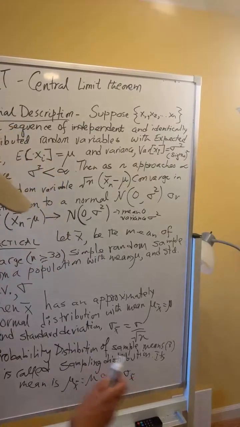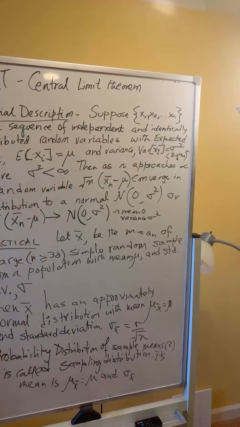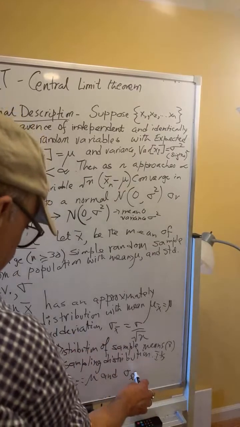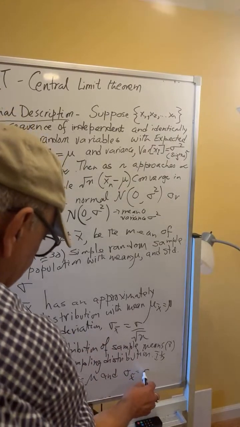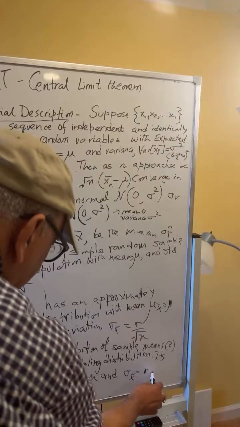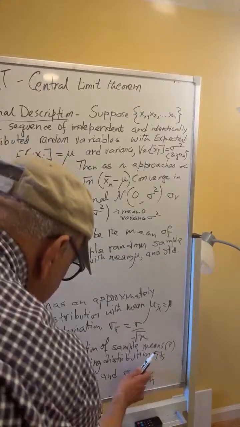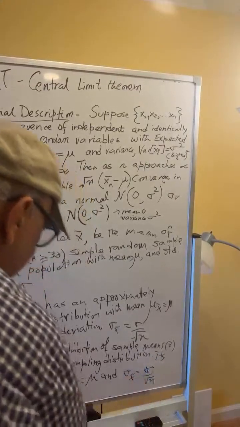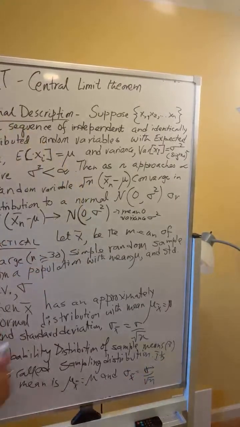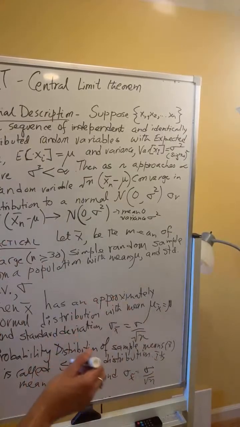And sigma x bar, the standard deviation or an average deviation from the mean of the distribution, is equal to the standard deviation of the population divided by square root of n. So this is sigma divided by square root of n. So this is the practical application of central limit theorem.